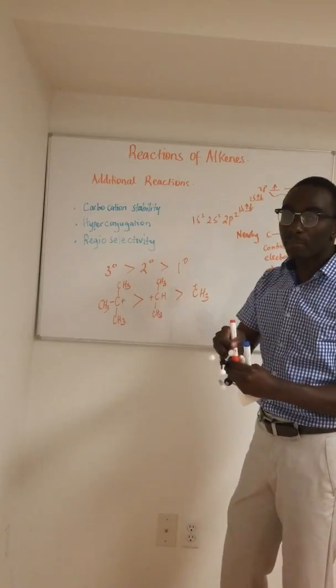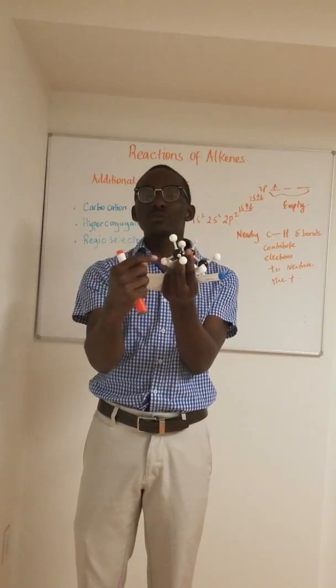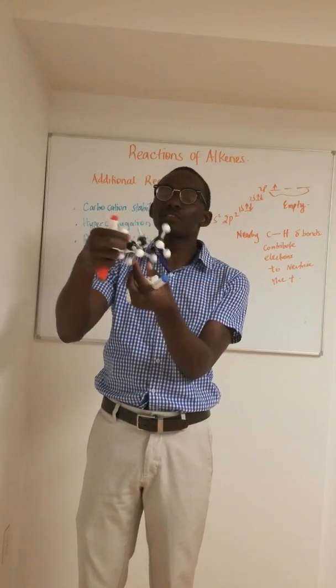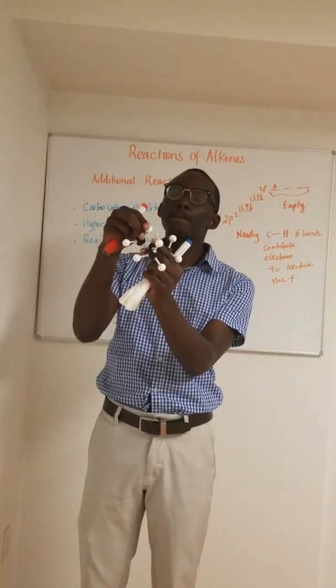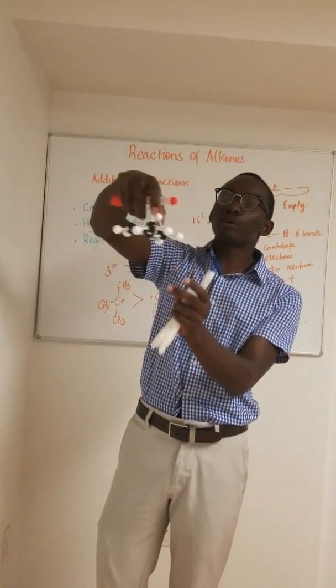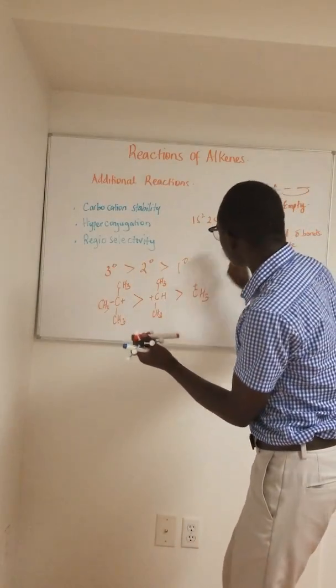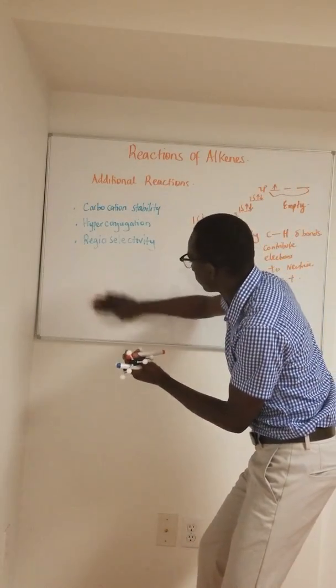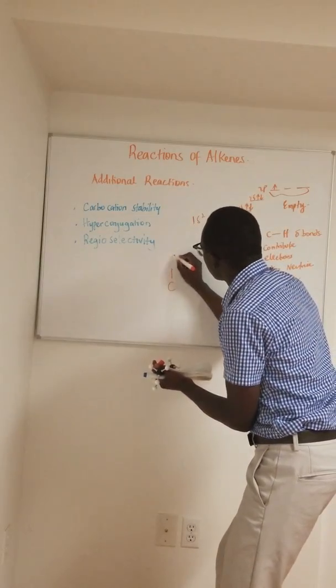You see these carbon to hydrogen bonds we have here all over. These carbon to hydrogen bonds are going to overlap with this empty p orbital. Let me rub this off for a moment.